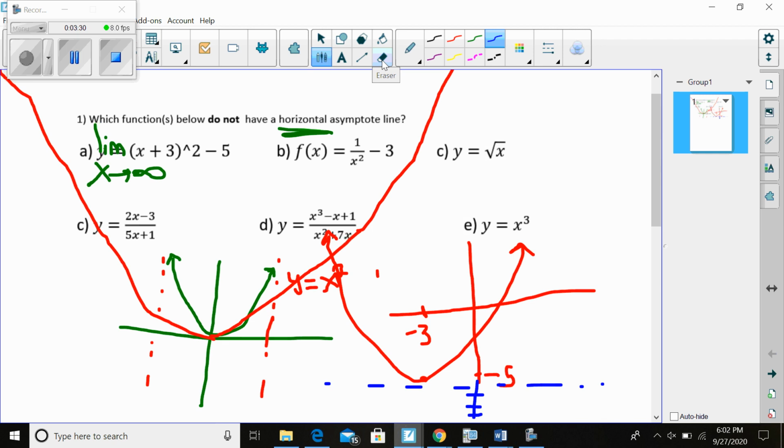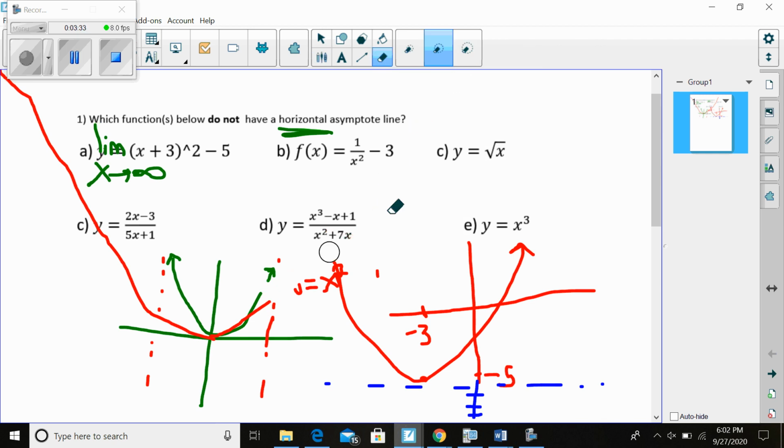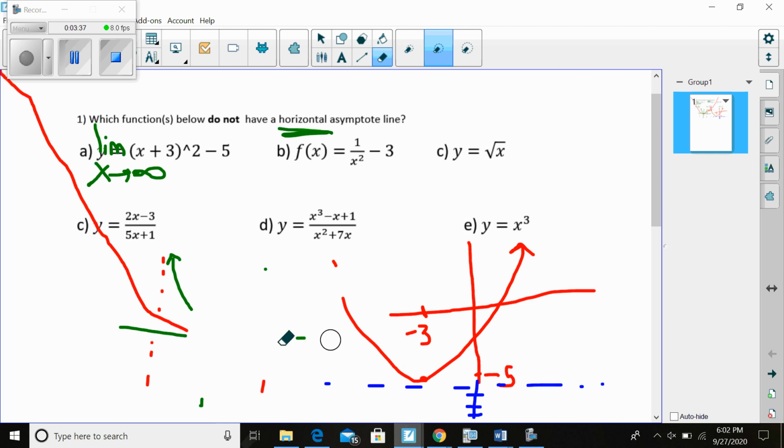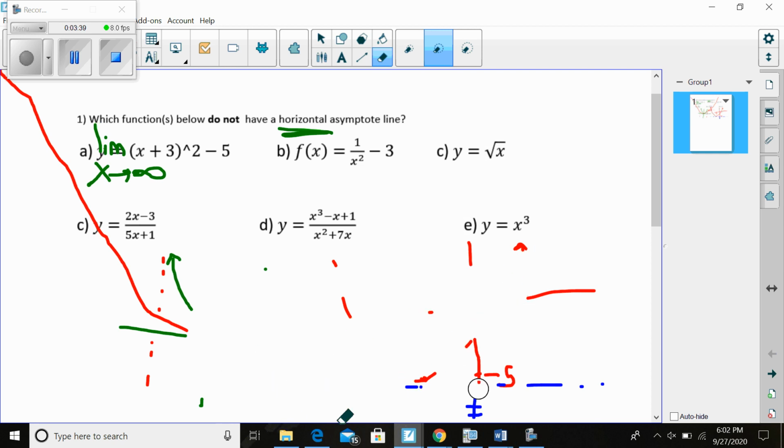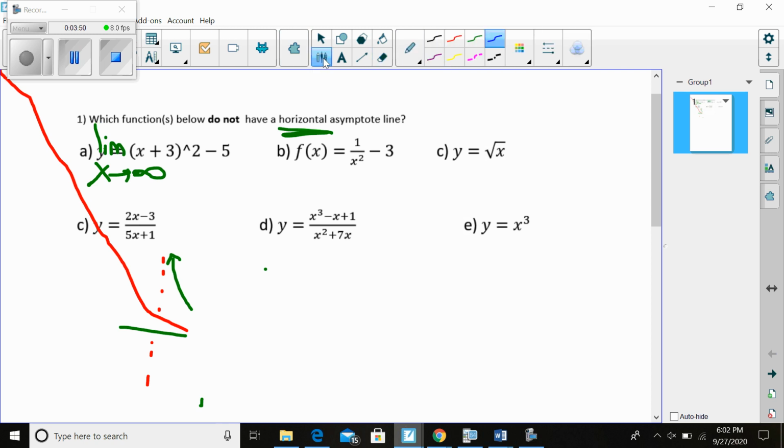Now, let's go on and look at B. In letter B, I'd also have a vertical asymptote line, because I cannot input 0 for x. So I'm going to have a vertical asymptote line at x equals 0. I didn't ask you about that in the directions, but I'll point that out anyway.